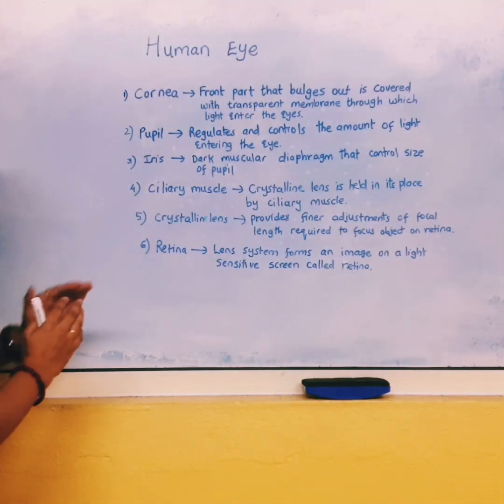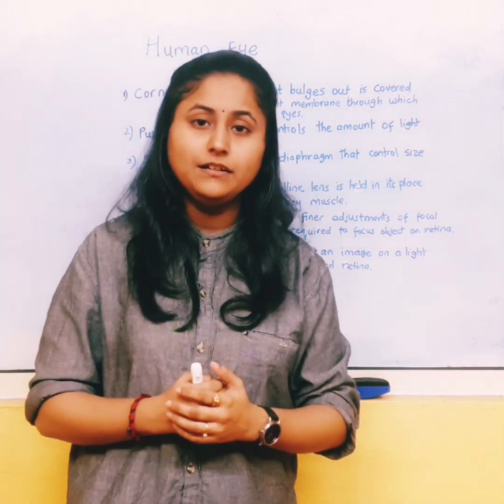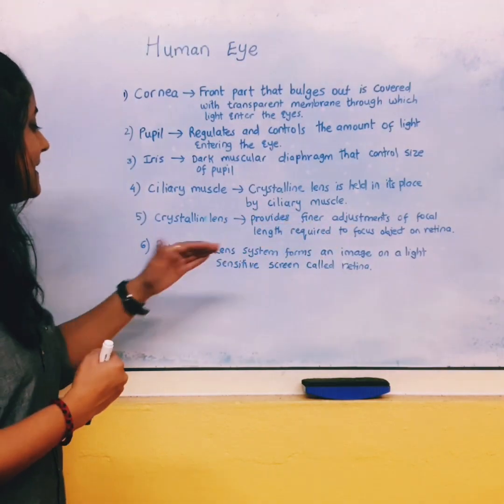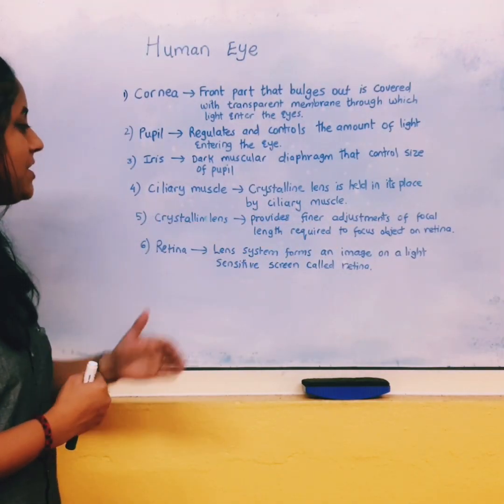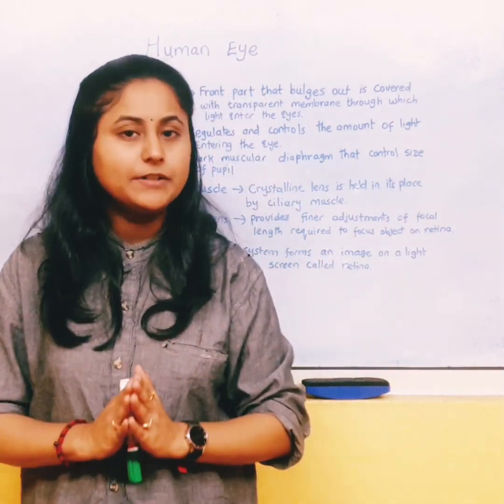Now next, after the retina, what is the function of the retina? It is a light sensitive screen on which the image is formed. The image that is formed on the retina is real and inverted.